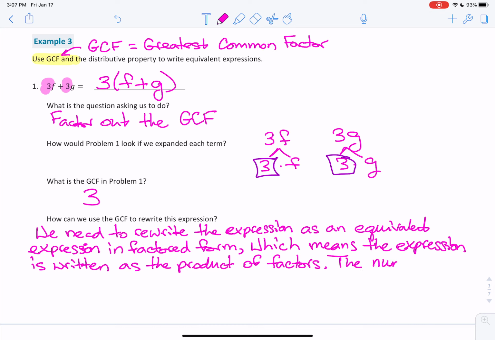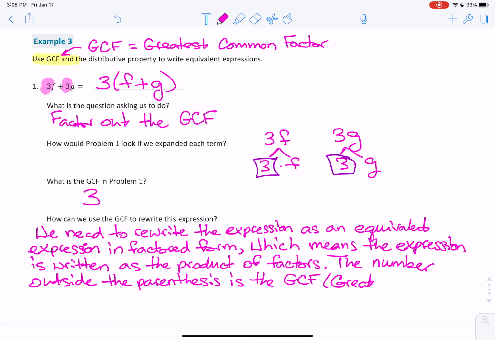The number outside the parentheses is the GCF, or greatest common factor. Okay, so all this means is, how can we use the greatest common factor?